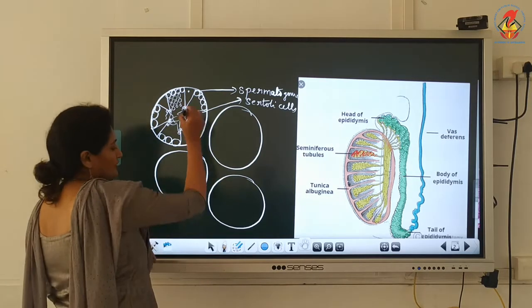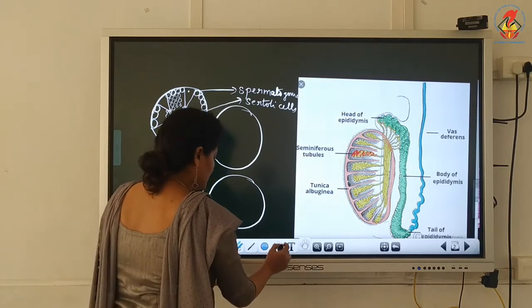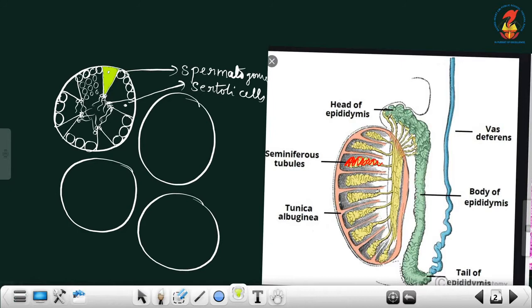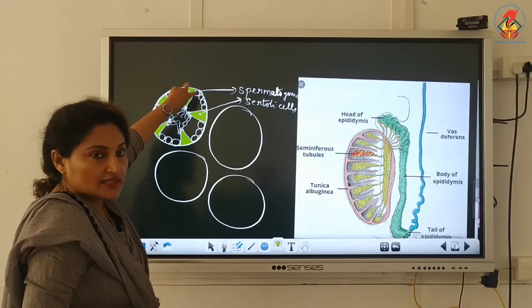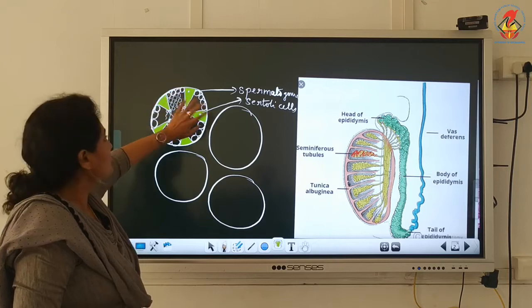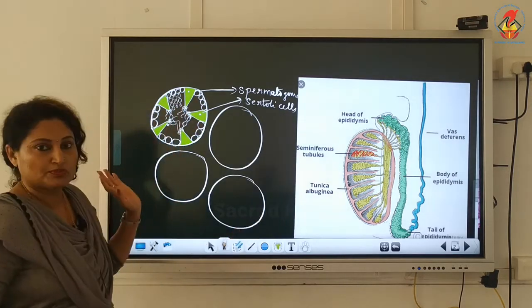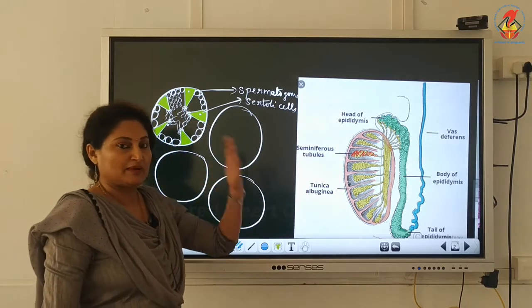One type of cell is pyramid shaped. I'll highlight it with another color, pyramid shaped. And the other, between the adjacent pyramid shaped Sertoli cells, are the spermatogonia. And we have learned the role of spermatogonia: it gives rise to sperms by spermatogenesis.